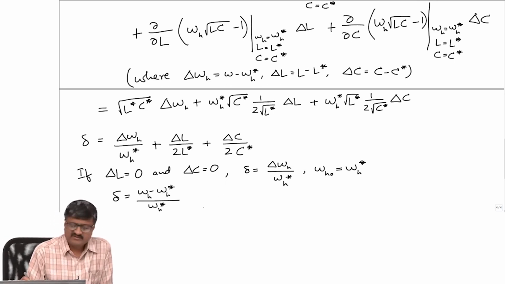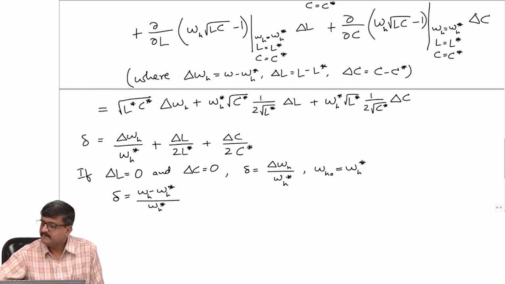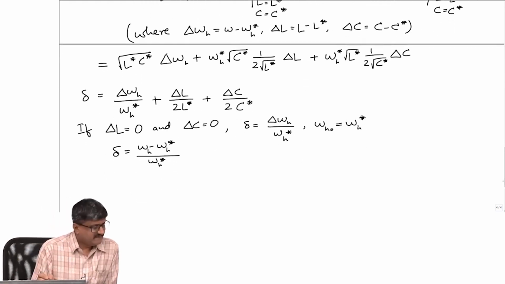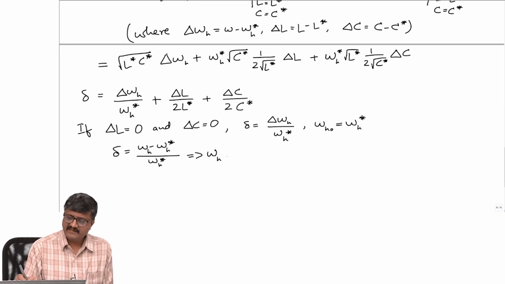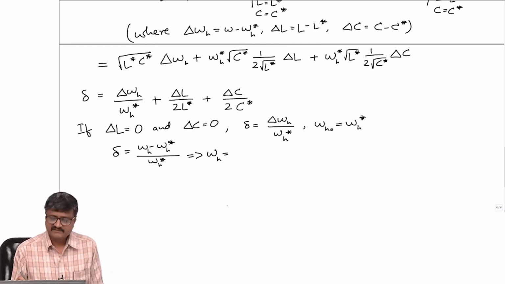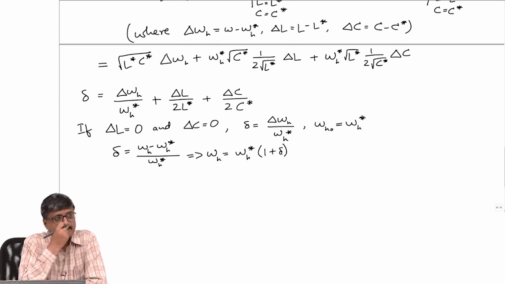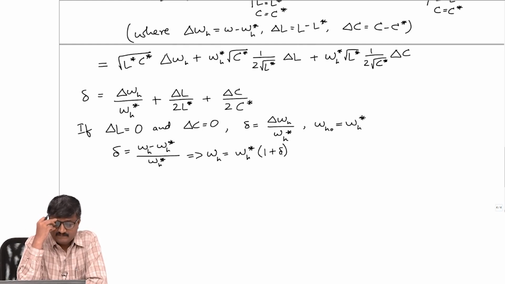So, instead of omega H star, I could have used omega HO. So, from this I can write omega H as omega H star into 1 plus delta.